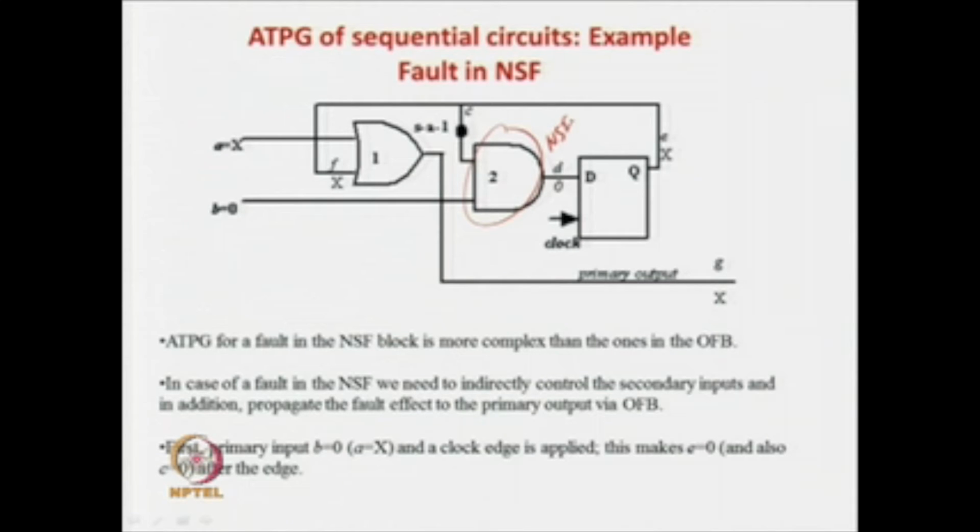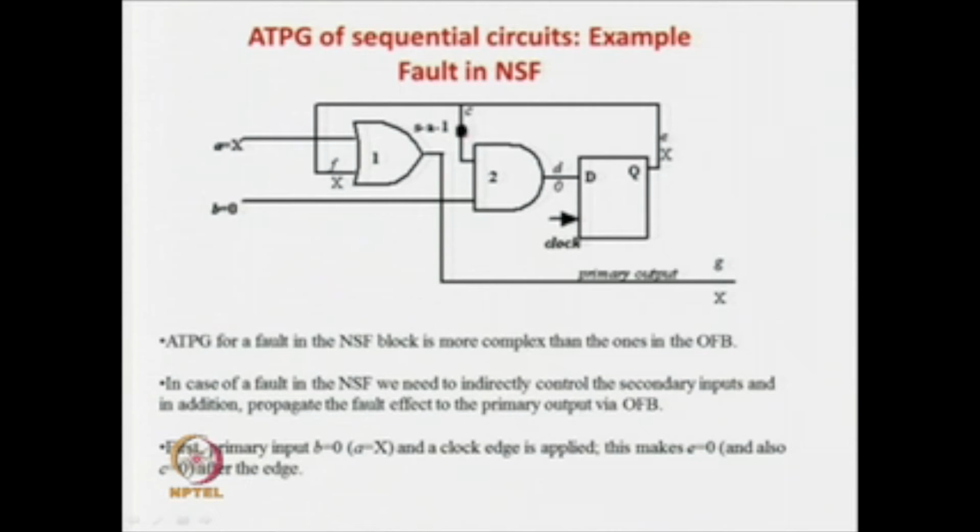Here life is a bit more difficult because you have to indirectly control the secondary input, and the output of the next state function block is not directly observable, so you have to somehow make it indirectly observable. So, testing faults at the next state function block is somewhat more complex than at the output function block, because in the output function block the primary output is directly observable, but in this case it is not.